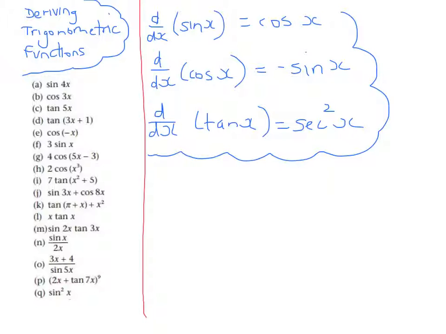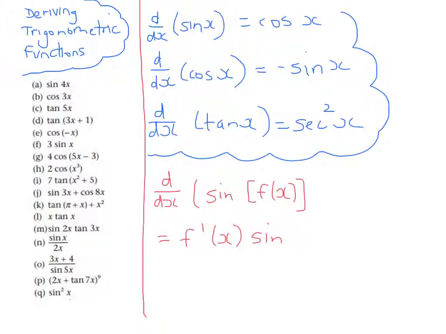The rule is, if you've got d dx of sine of some function of x, the derivative is f dash x, so you get the derivative of what's in the brackets, times cos, and then you simply rewrite what was there, f of x. And that works for cos and tan as well. So I'll write those down in a minute.